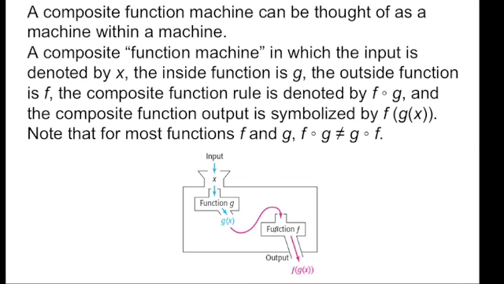So the composite rule is denoted f of g, and the composite function output is symbolized f of g of x. Note that for most functions f and g, f of g does not equal g of f. They're not necessarily equal. So we basically put the g function inside the f function is what this means.